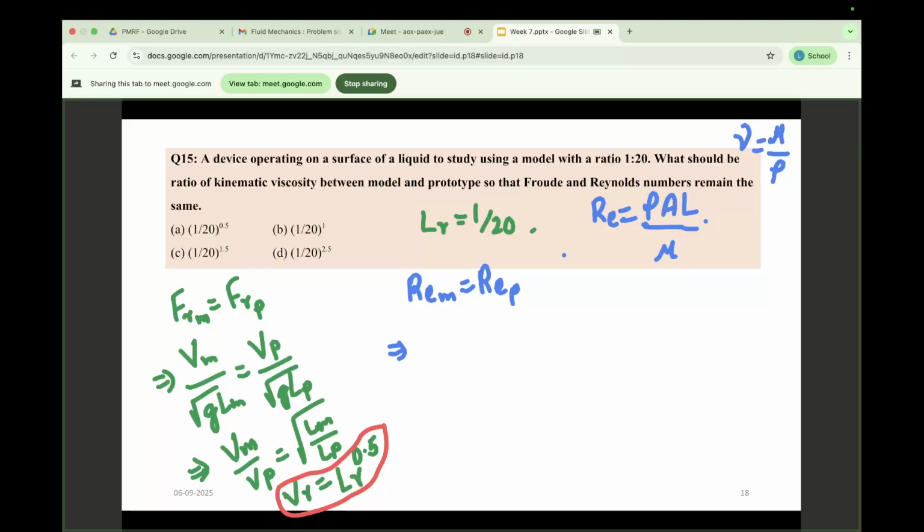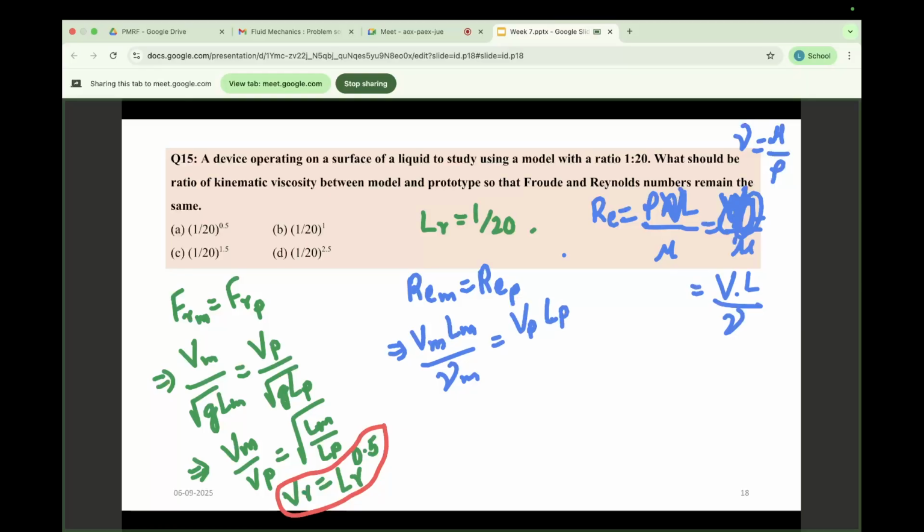So I can write this as V L by nu. Accordingly, V of M L of M by nu of M equals V of P L of P by nu of P.